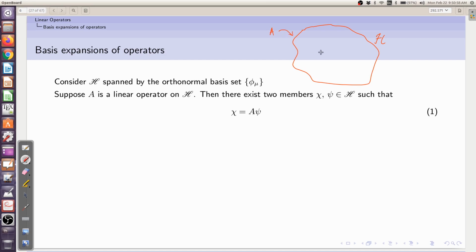Then there exist two members. You take one member, let's say psi. If you operate A on this member psi, it will take you to another member.